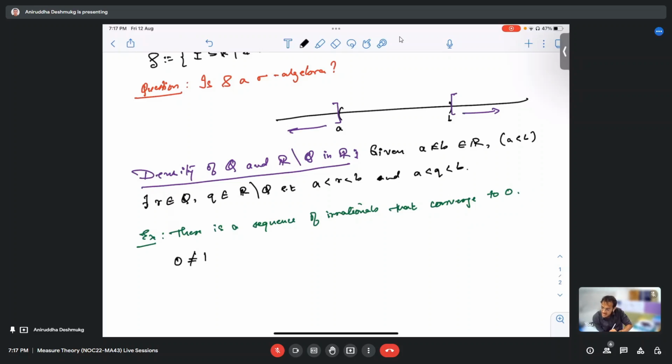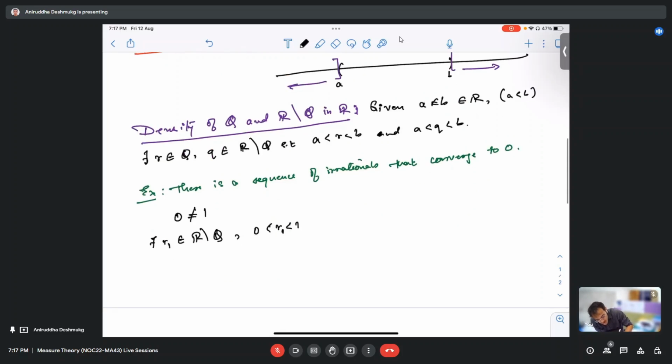So there is an irrational number between 0 and 1. Let us call it R1. Now 0 is strictly less than 1 and 0 is strictly less than half. So there is an R2 in the irrationals between 0 and half, right?